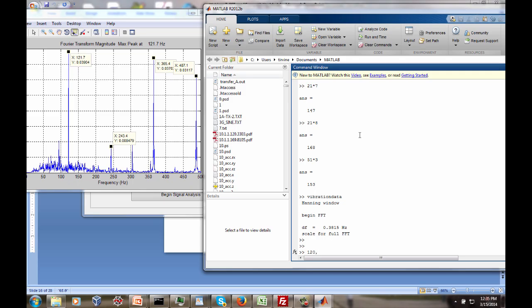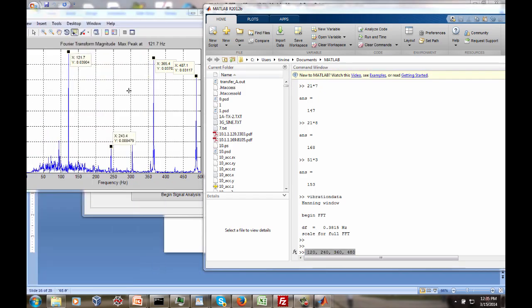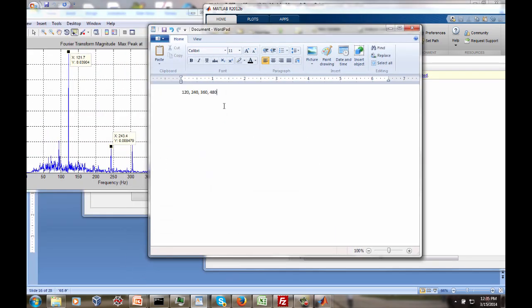And then the second peak is actually 240 hertz. And then 360 hertz. And then 480 hertz. Okay, I'm obviously doing some rounding off here. And so this is the pattern of peaks that we end up with.